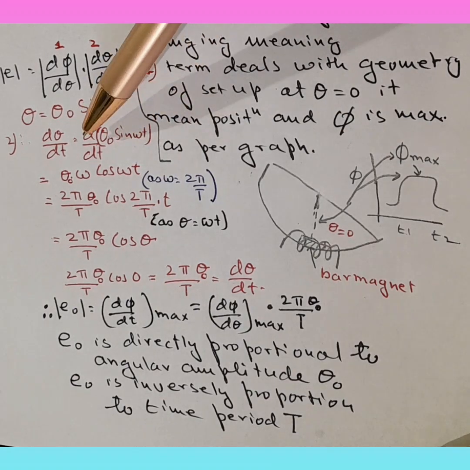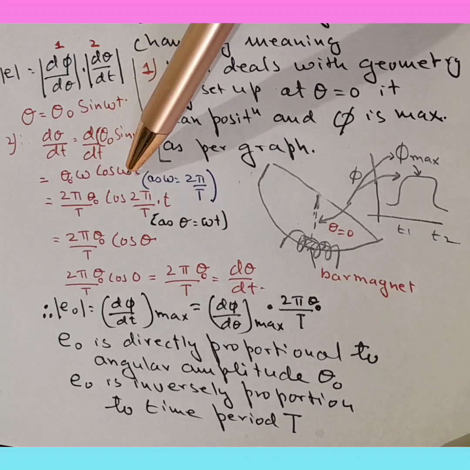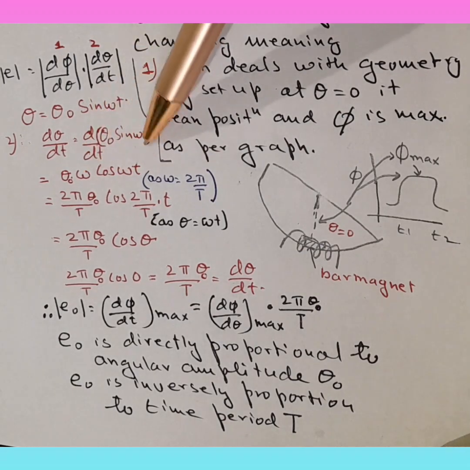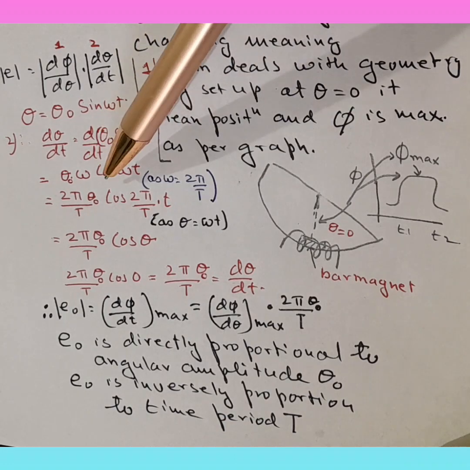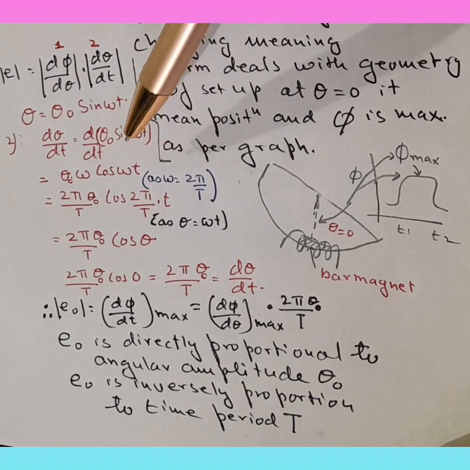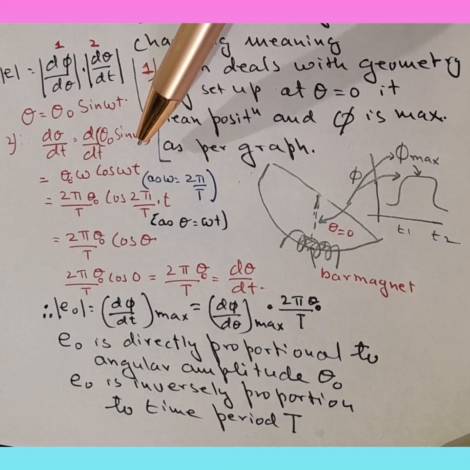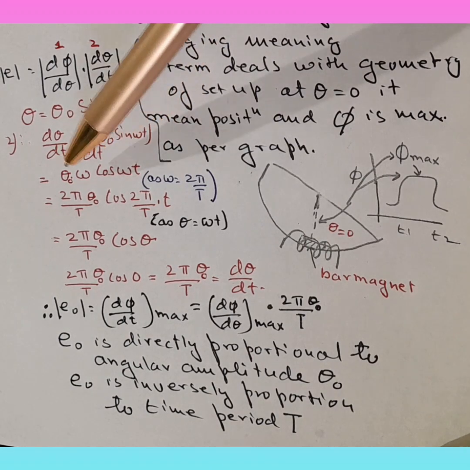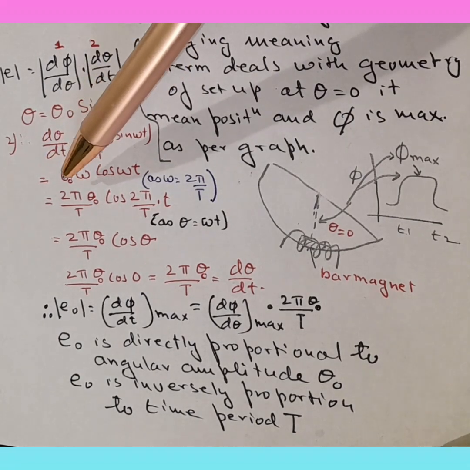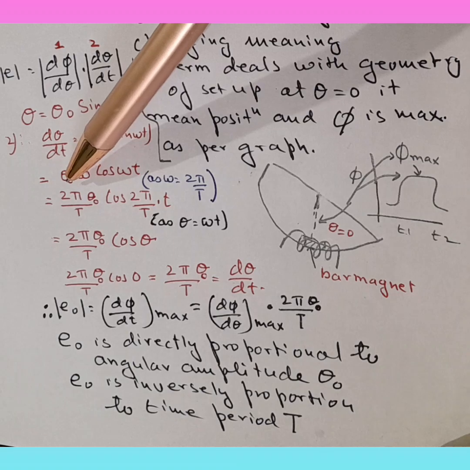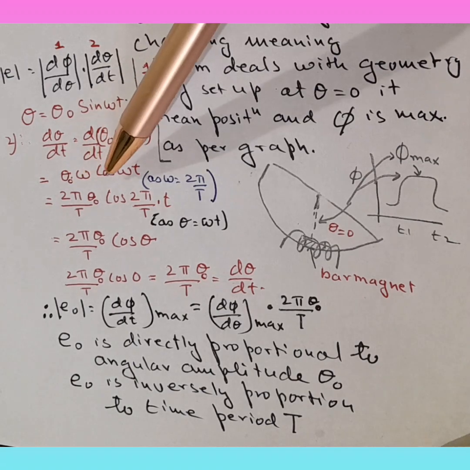As per the chain rule, first we differentiate sine omega t, for which we get cos omega t, and then we differentiate omega t, d omega t by dt, or we can also call it omega dt by dt. So dt gets cancelled, one omega remains, and that omega is out here. So ultimately what we end up with is theta 0 omega cos omega t.